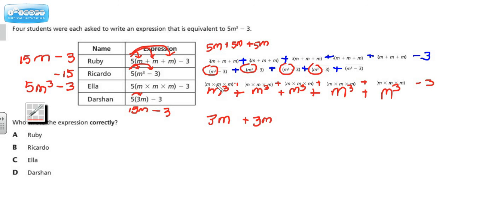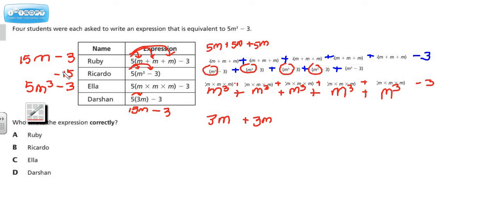Isn't that really the same idea of what we have down here? 1, 2, 3, 4, 5 groups of m cubed. So that part, would it match? What makes it not match is the 5 times the negative 3. So the first part would be the same as what we have for Ella, but the second part, because it's minus 15, would not be the same.